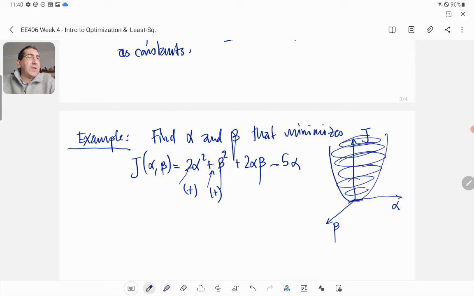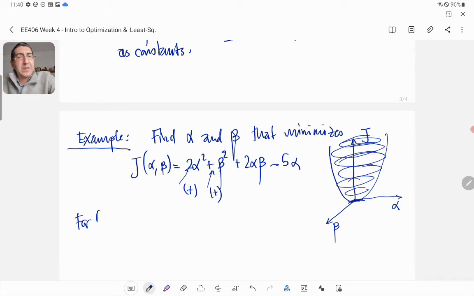So it only has a single global minimum in this case, but obviously if you have negative numbers here, you may actually be finding either a maximum or a saddle point, okay?